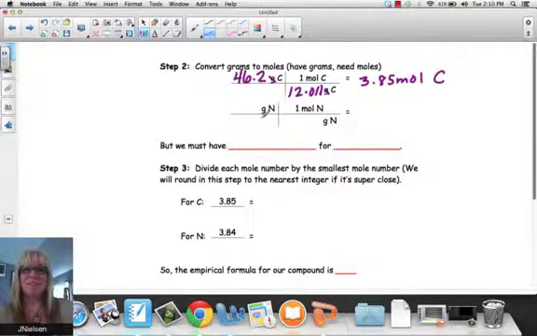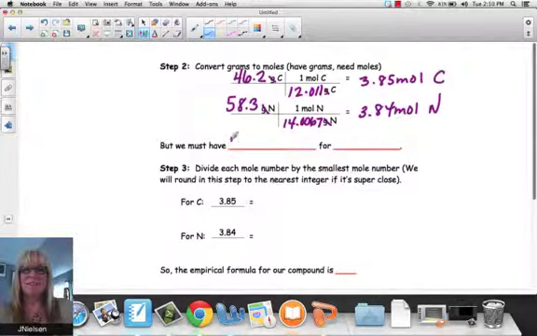For nitrogen, we said that we just had 53.8 grams of nitrogen. 1 mole of nitrogen is equal to 14.0067 grams of nitrogen. Grams cancel. And when I divide, I get 3.84 moles of nitrogen.